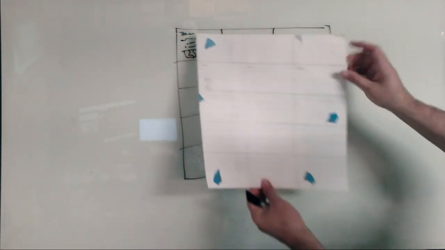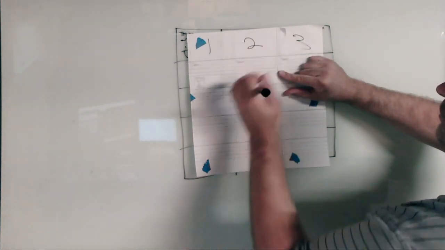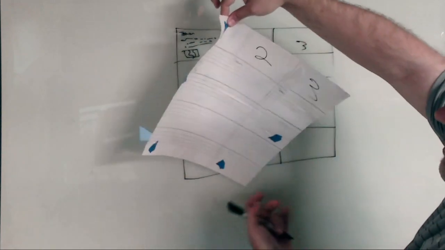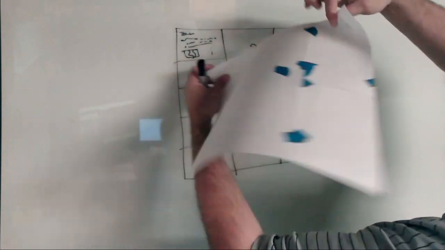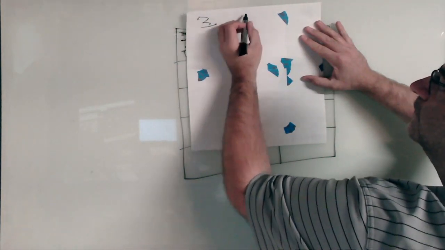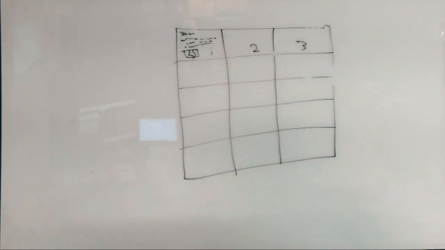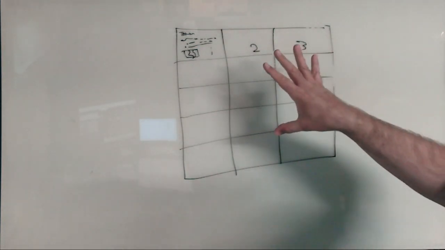So 1, 2, 3. When you flip this over and I hold 1, it's going to be 3, 2, 1.